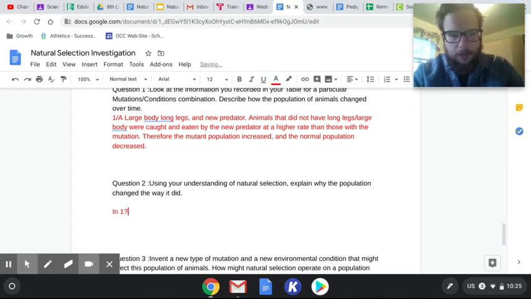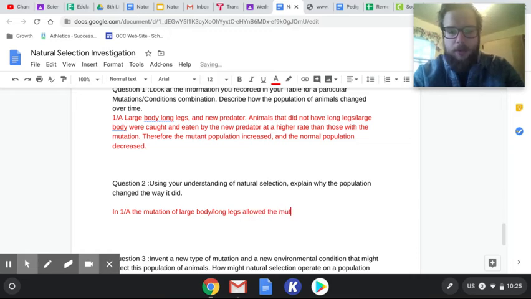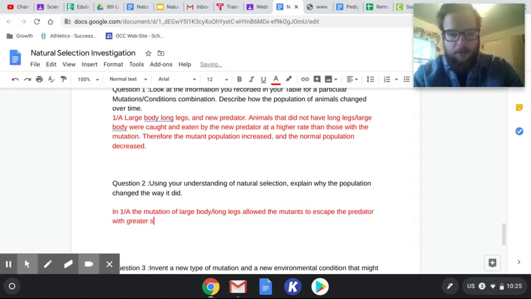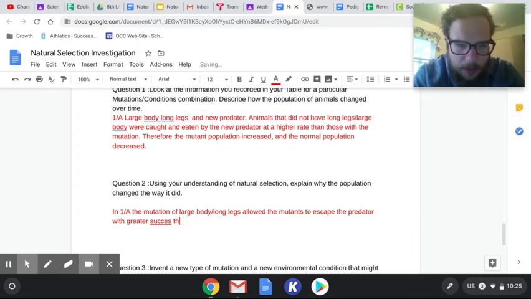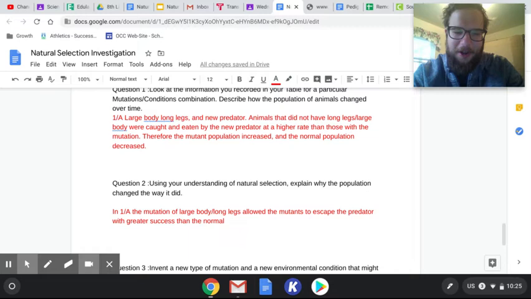In 1A, the mutation of large body / long legs allowed the mutants to escape the predator with greater success than the normal. And the normal. I don't want to call them bunnies because they weren't, but we'll call them bunnies.